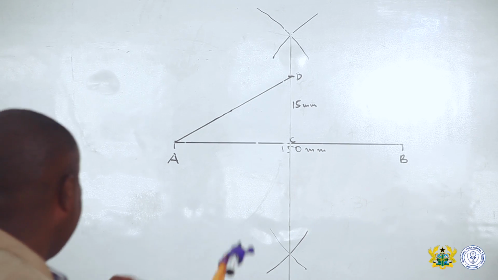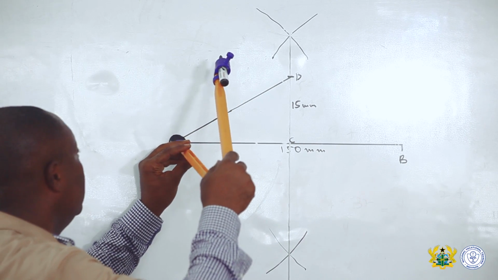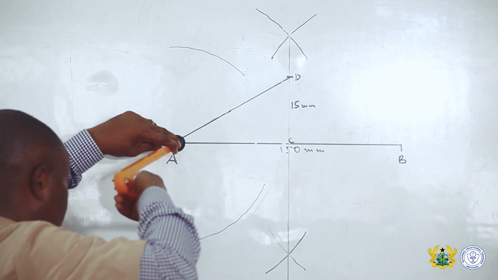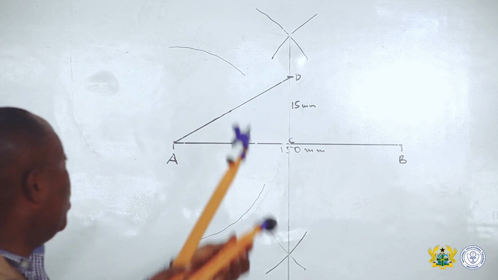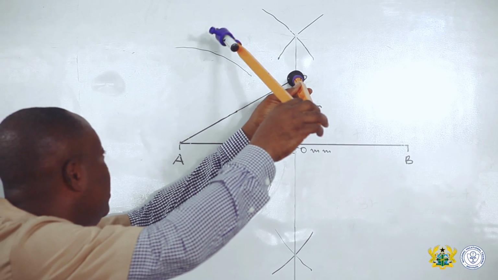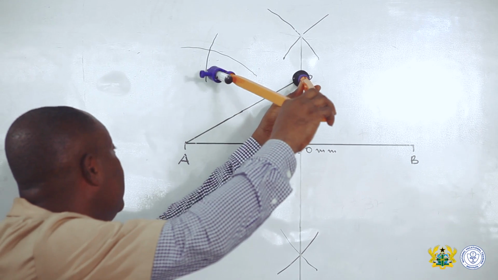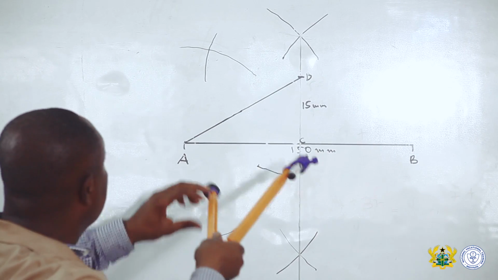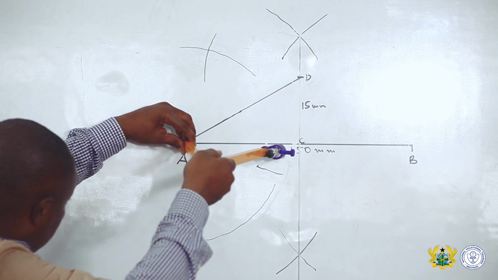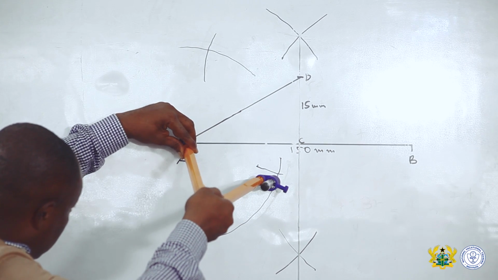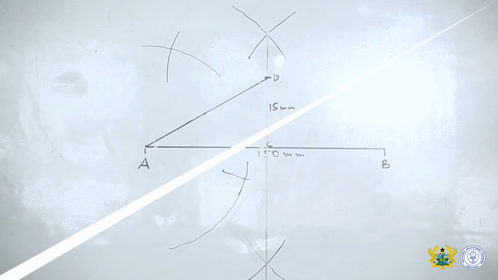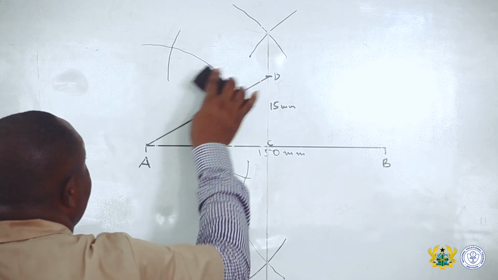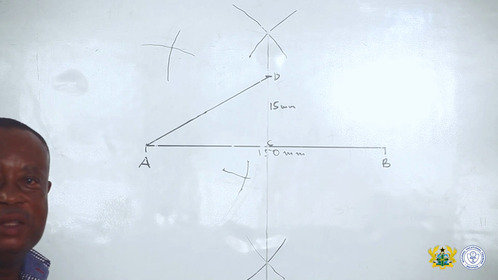So I step on point A, then I strike an arc. I do the same thing at the bottom. Then I step on D and also strike an arc. At this stage, we are bisecting our line AD.